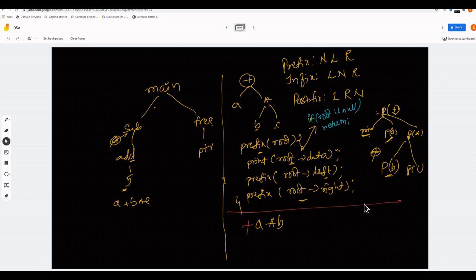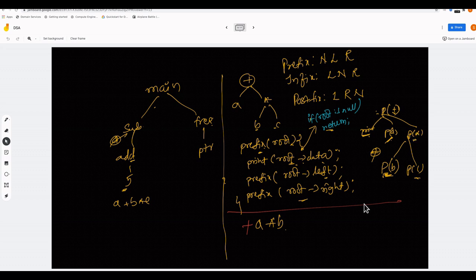That means, for p of b, it prints the data which is b, and then it also tries to call the left node, which is null here, so it doesn't have anything. But it calls the null, so p of null will get into it, and it sees that if it is null then return, and so that way it doesn't do anything. And similarly for the right.